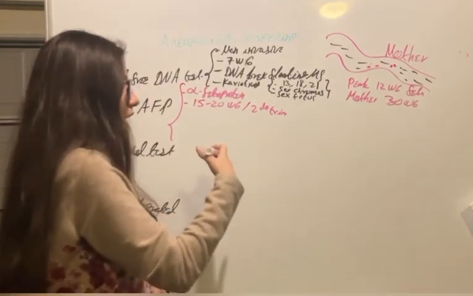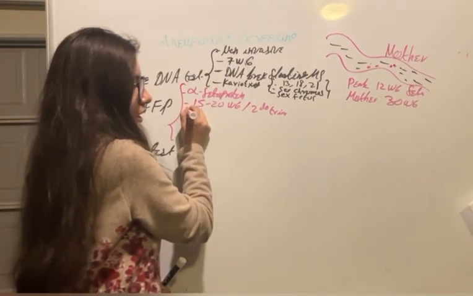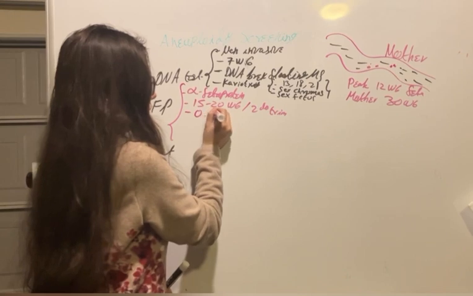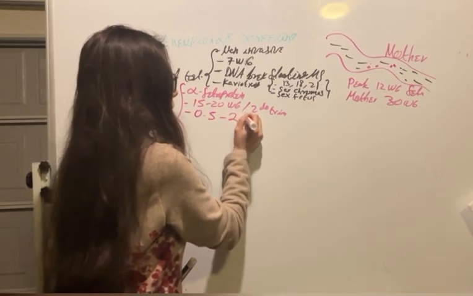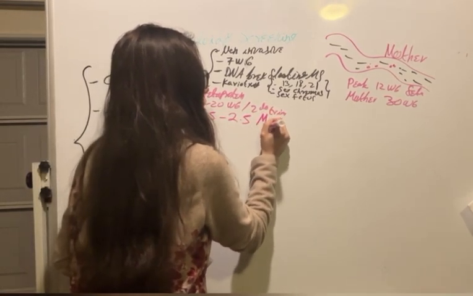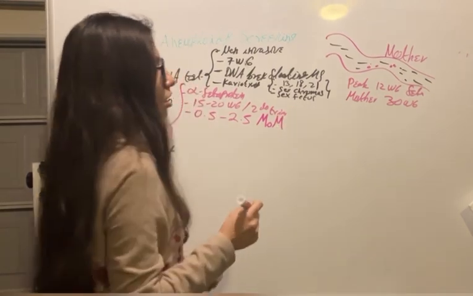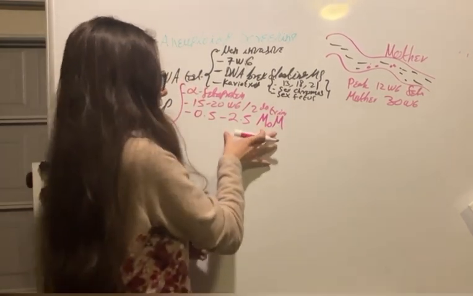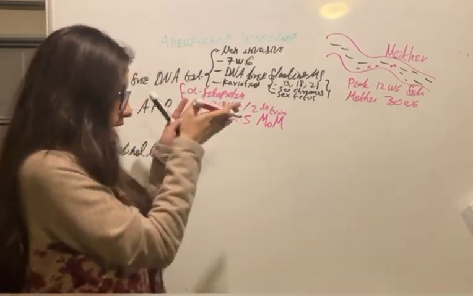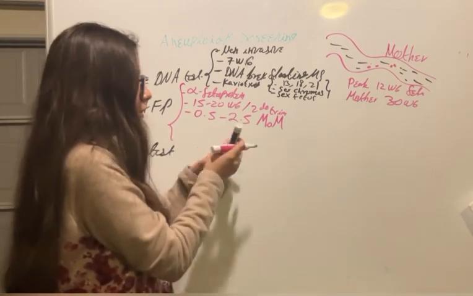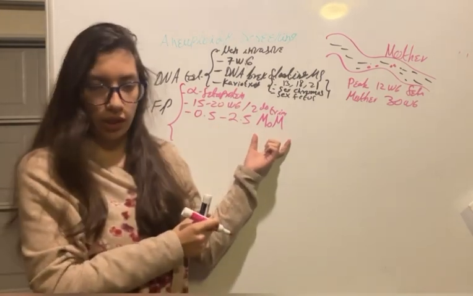And the normal value of this is between 0.5 to 2.5 multiples of median. So this is not an absolute value. This is multiples of the median.